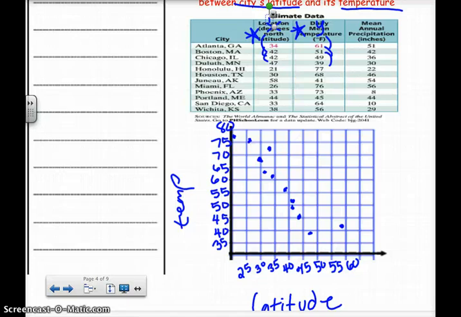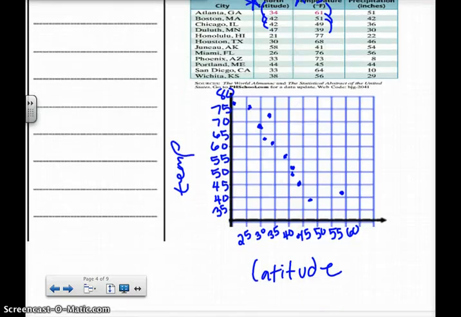Does there seem to be a relationship here? Yes or no? Yeah. What's happening? As your latitude increases, your temperature seems to decrease. That's a positive or that's a negative relationship. It looks like it's going down, like you can envision a line that connects them.